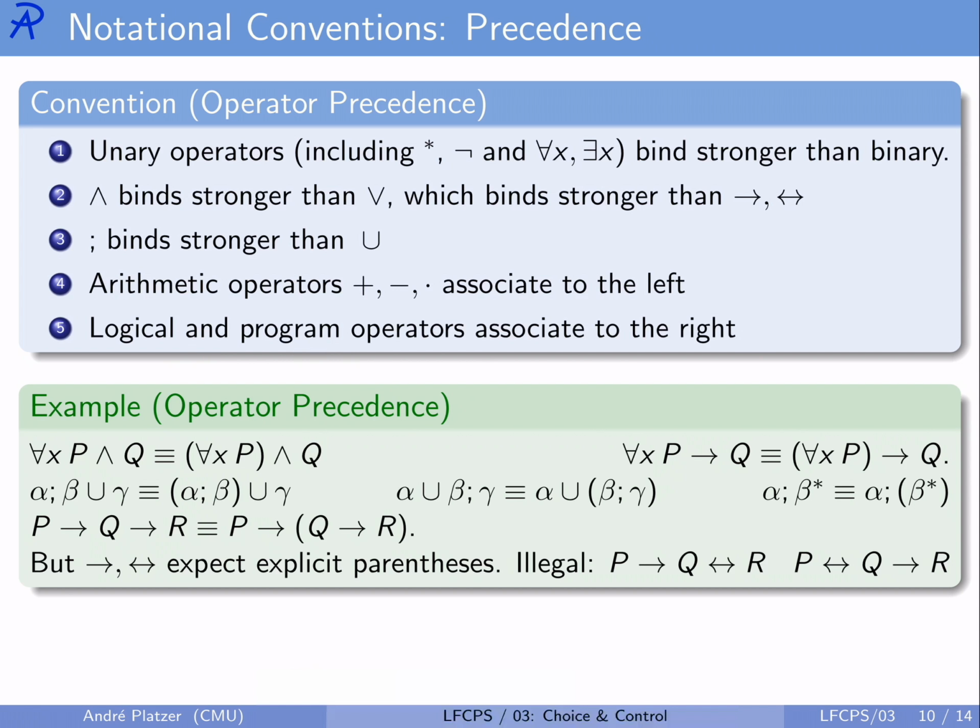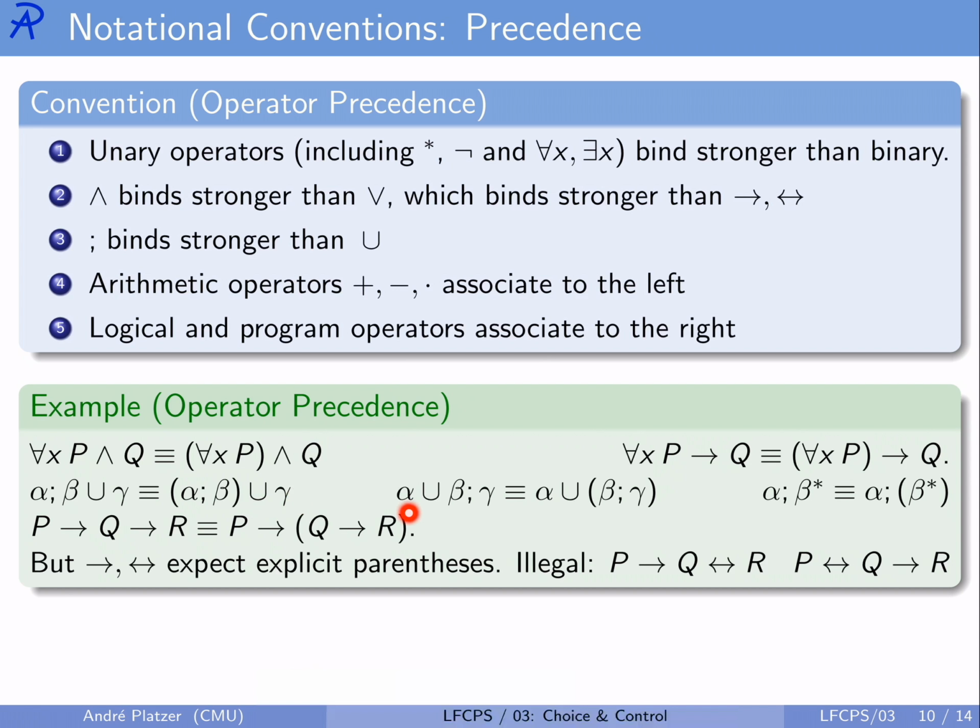For example, these imply that for all x p and q actually means for all x p, and q. Likewise, for all x p implies q actually means if for all x p is true, then q is true. Alpha semicolon beta choice gamma means alpha semicolon beta with a non-deterministic choice of gamma.